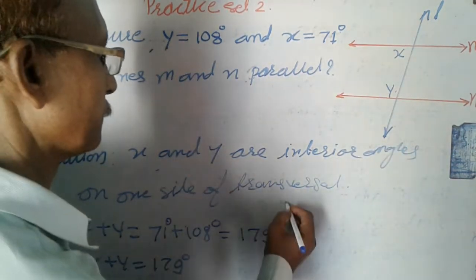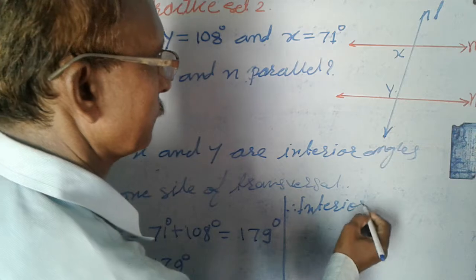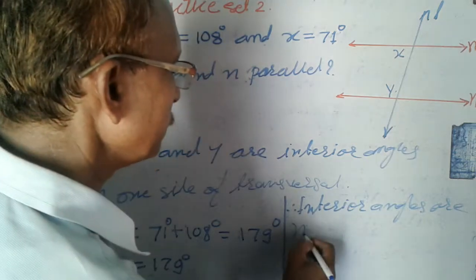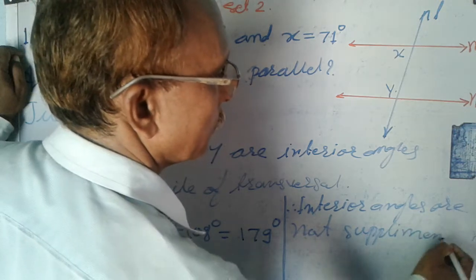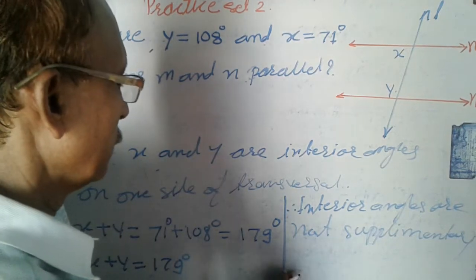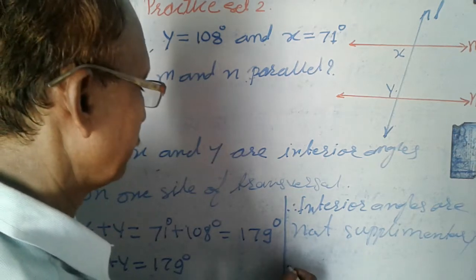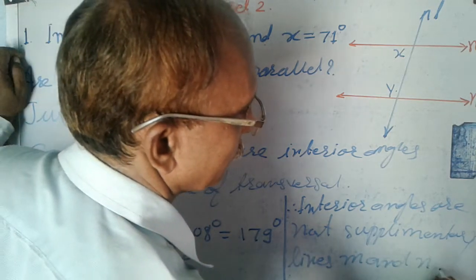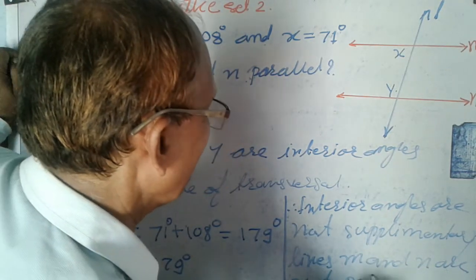Therefore, lines M and N are not parallel.